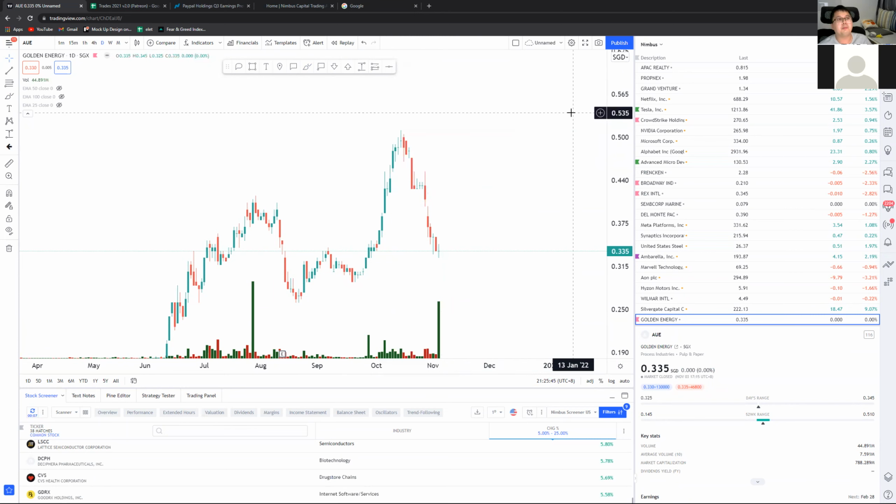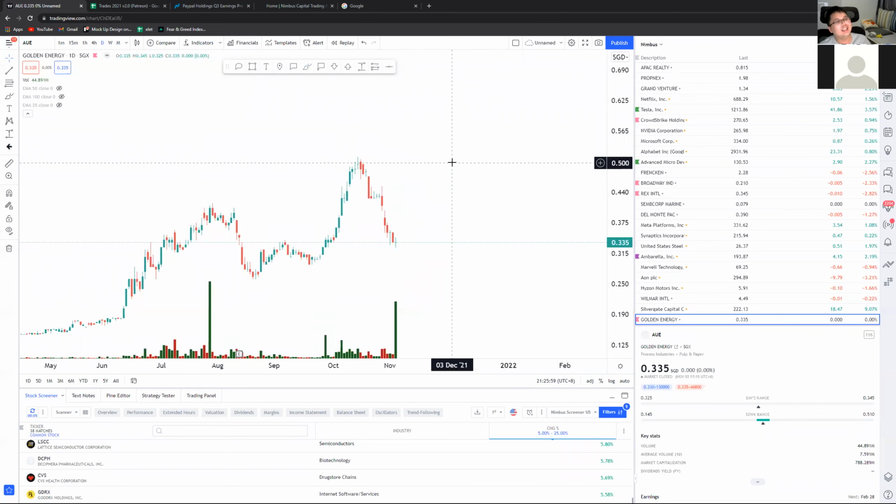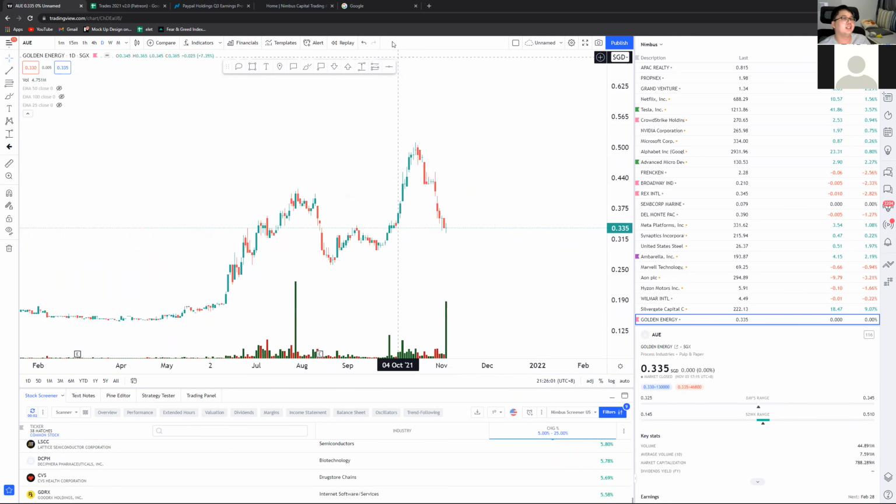My trailing would have been stopped out already. Of course, I can't tell you what the threshold for the trailing being stopped out is, because that is cost only. The trailing has been stopped out already.